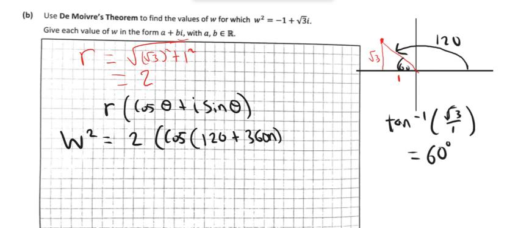So 120 plus 360 is 480, and then another 360 again, so that allows for all of those. Plus i sine, and the same thing again, 120 plus 360n.